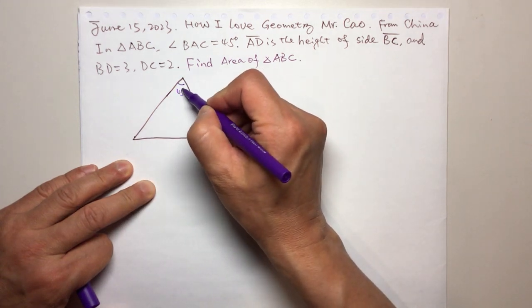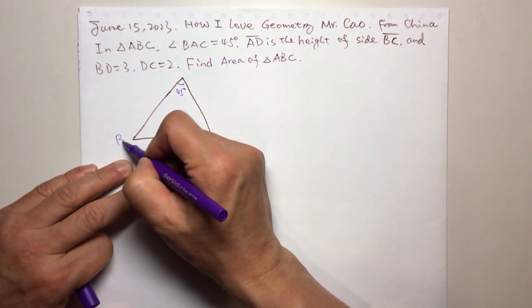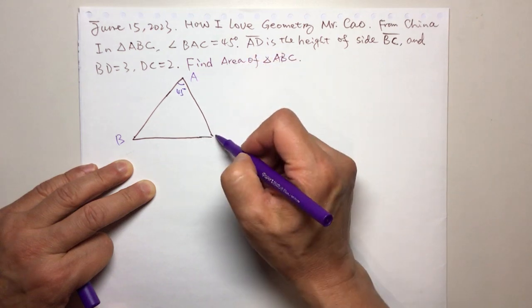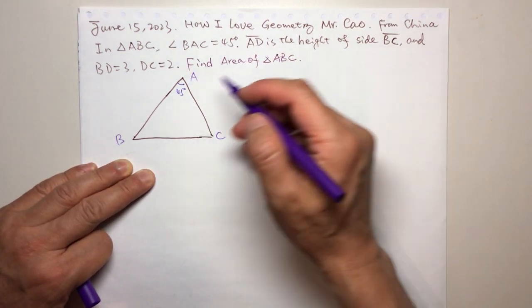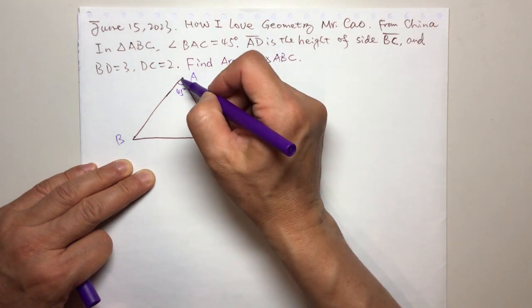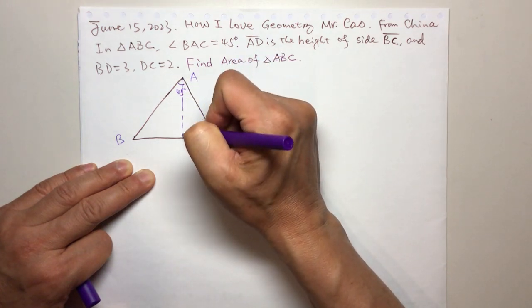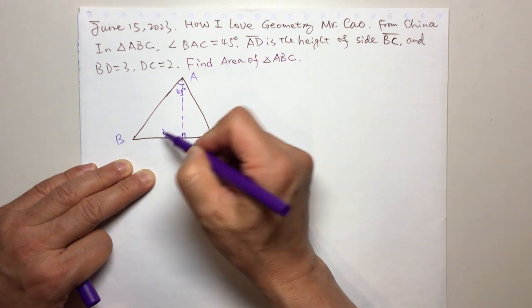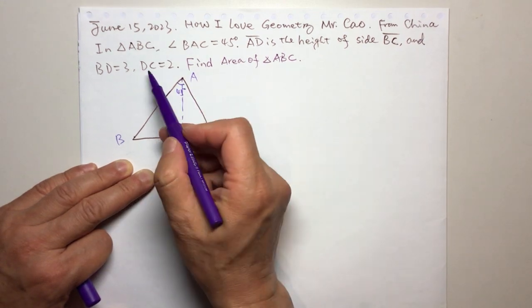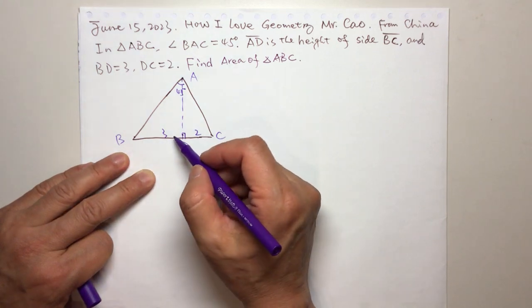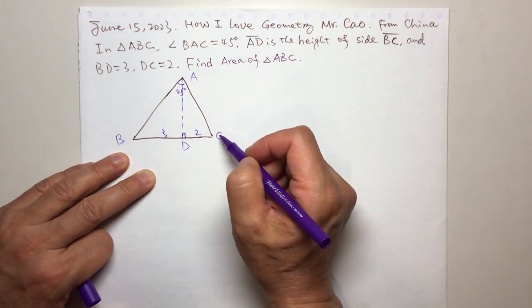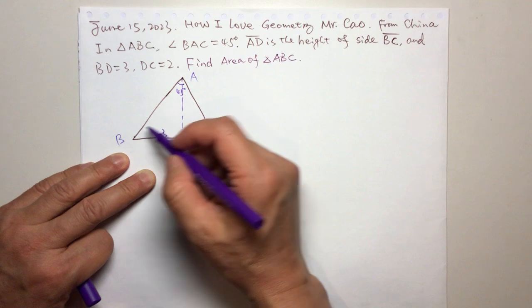This is 45 degrees, BAC. And AD is the height on side BC. So here is D. BD equals 3, DC equals 2. Find the area of triangle ABC.